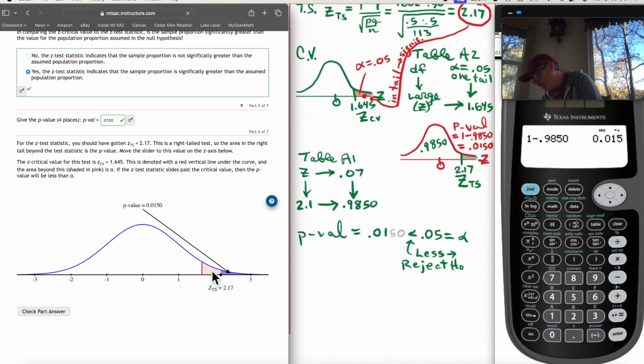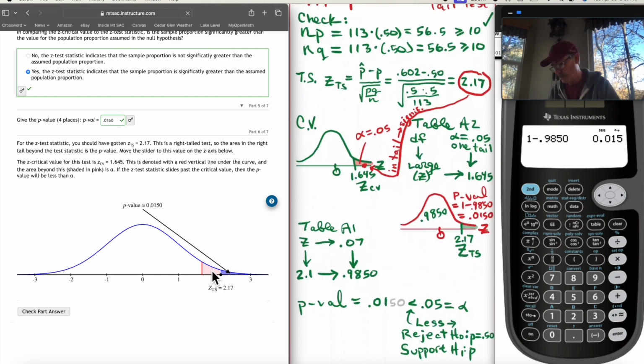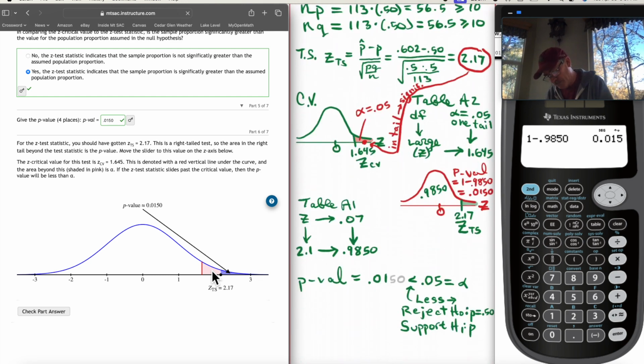So we're rejecting the statement that it's 50%. We are supporting the alternative, so supporting H1, which had said P was greater than 50%.